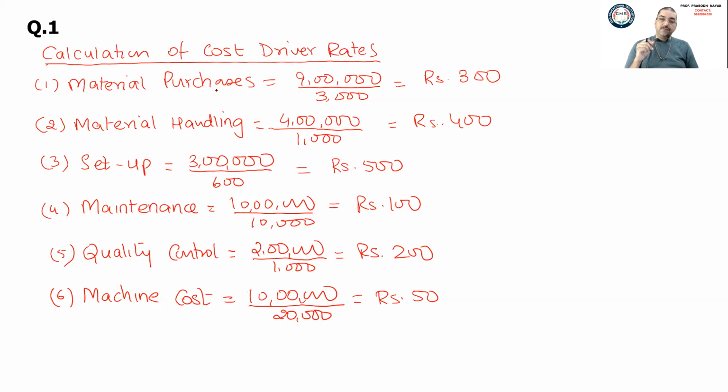Like that. Okay. So in this case, total cost, like we normally prepare for traditional costing cost sheet, now the cost sheet is based on activity-based costing. Okay. So let us prepare the statement.